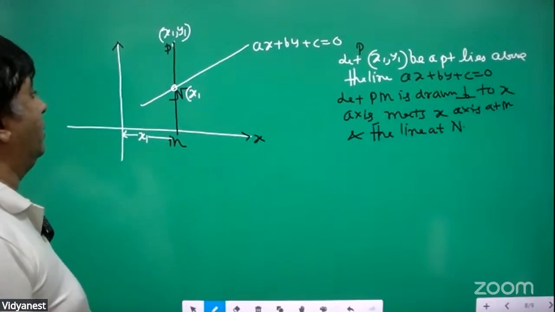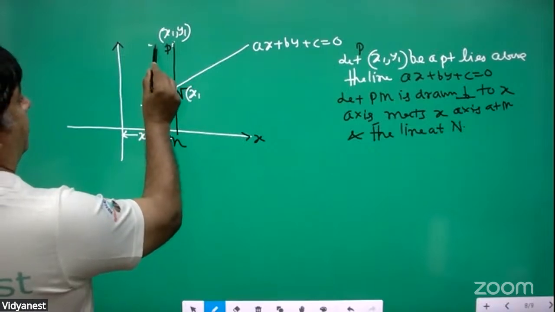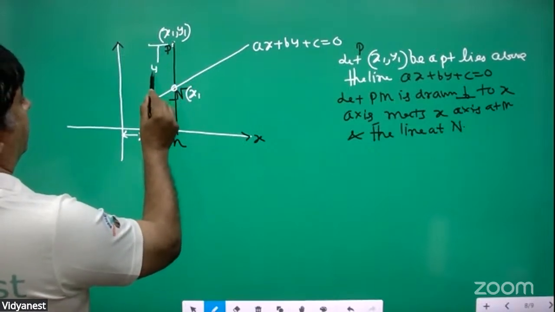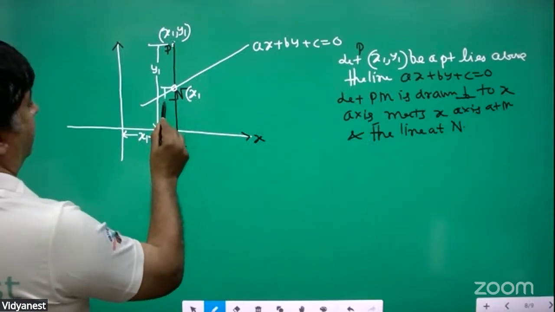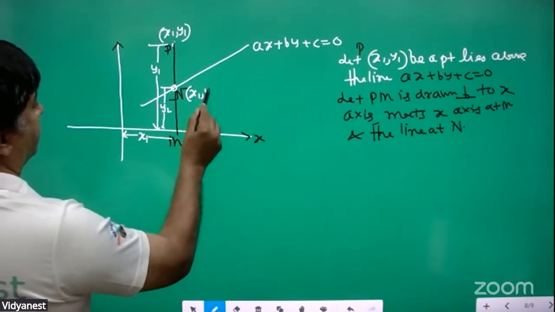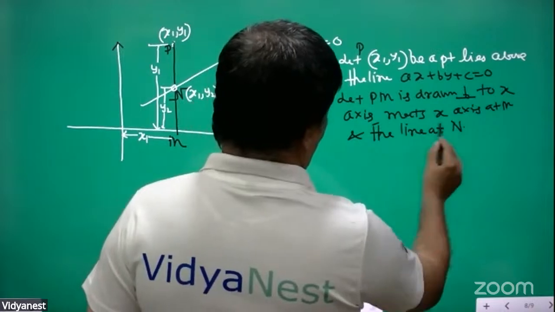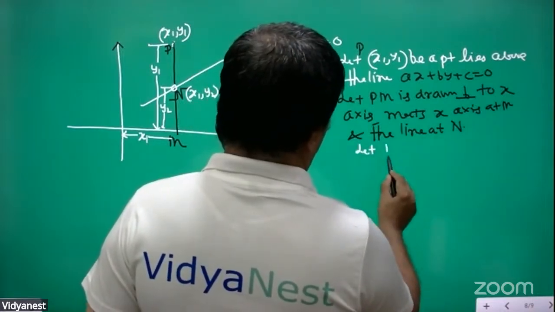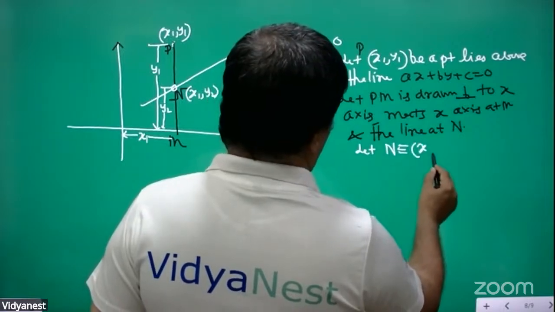Okay, but how do they differ? This is y1 and that I am letting be y2. Then let N be x1, y2.